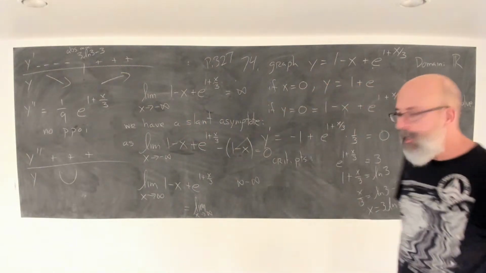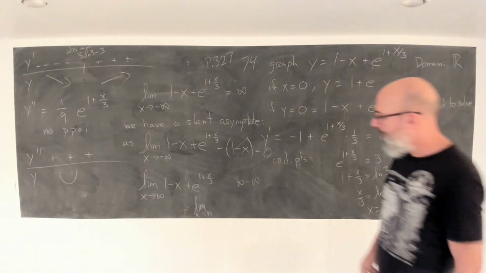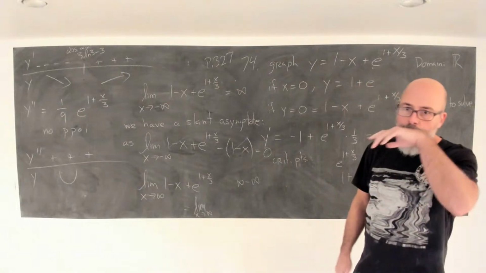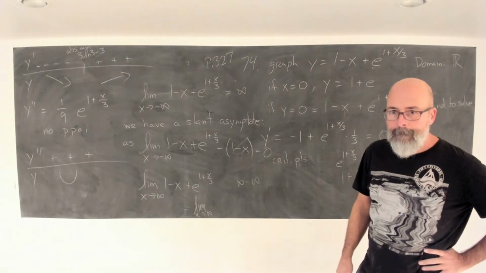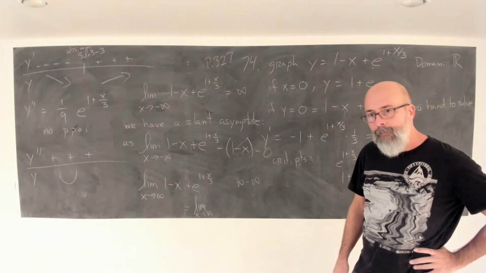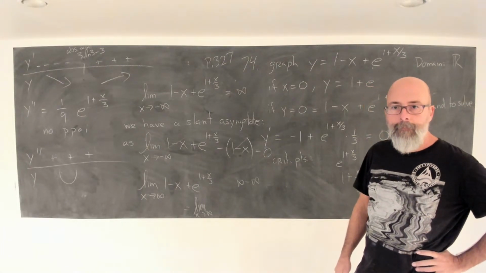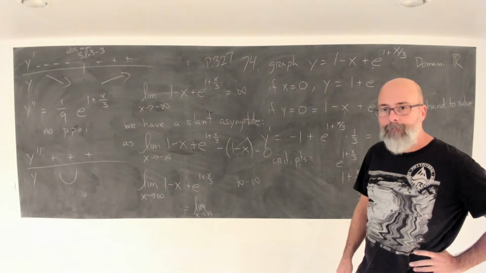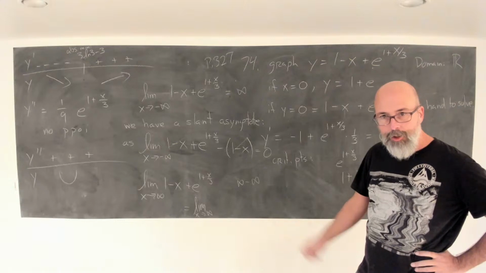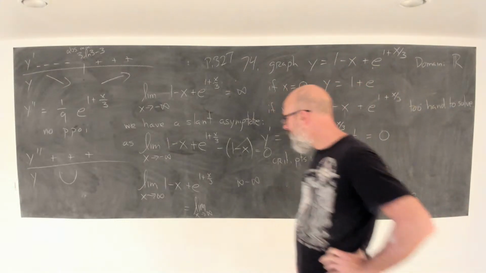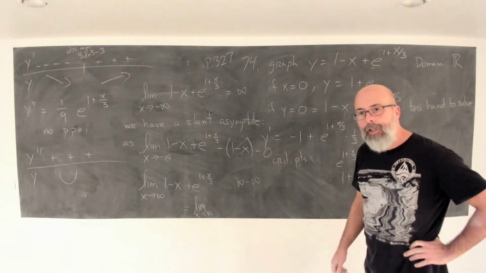What are we going to do? Well, we have to manipulate in the hopes of using L'Hopital's rule. And what's the manipulation? Anyone? What if this was a question on the final exam? Factor out? Not so much.